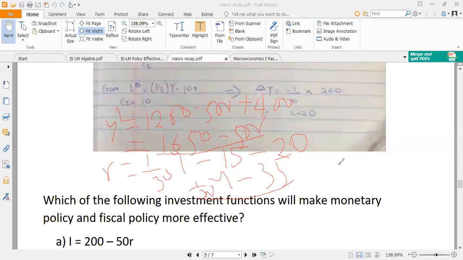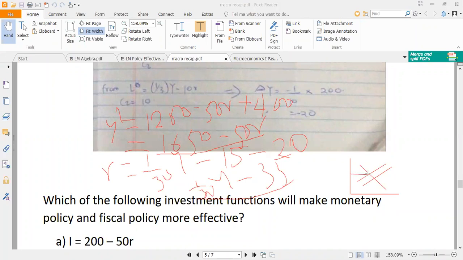Now just assuming you get an increase in interest rate. If there is an increase in money supply, this is supposed to be our new LM curve. This is the initial equilibrium point.